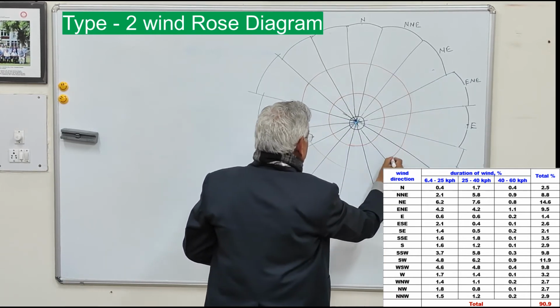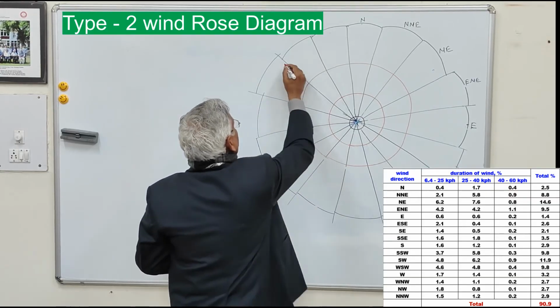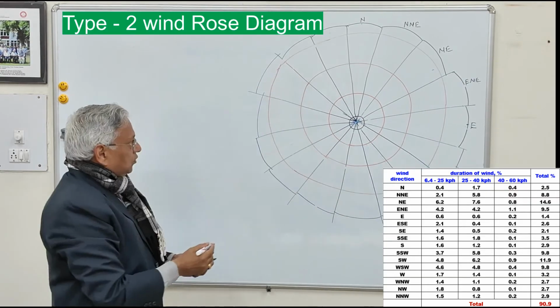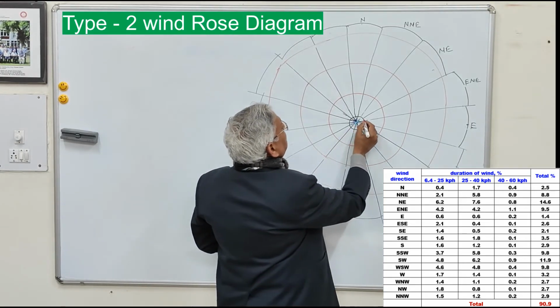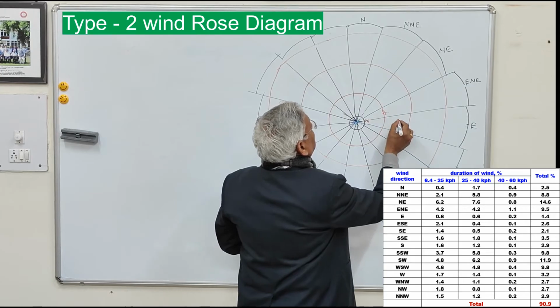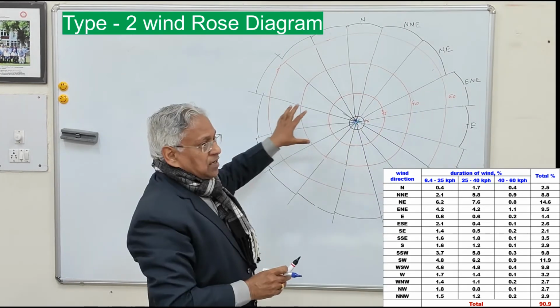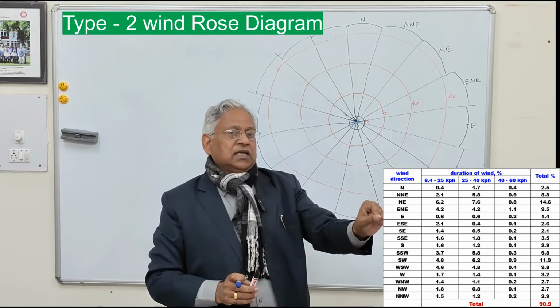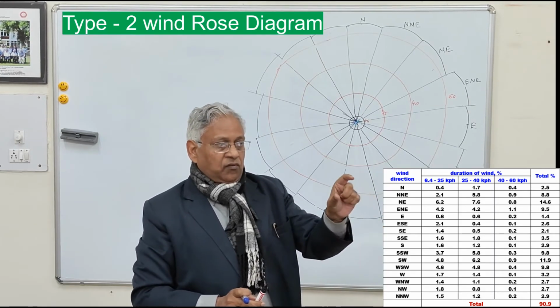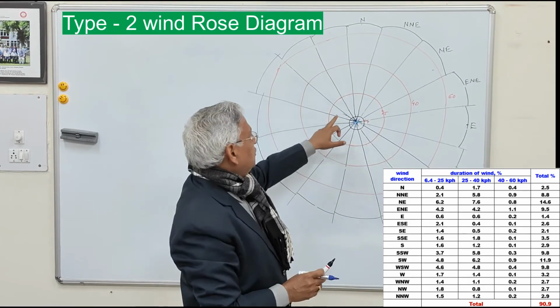But all these must be drawn at some scale. And the last one is 60. So this inner one is 6.4, this is 25, this is 40, this is 60.